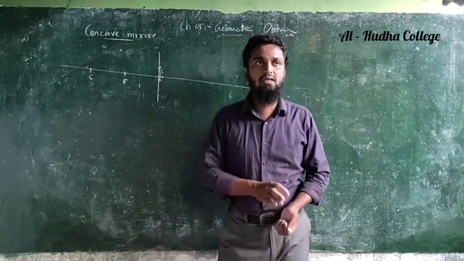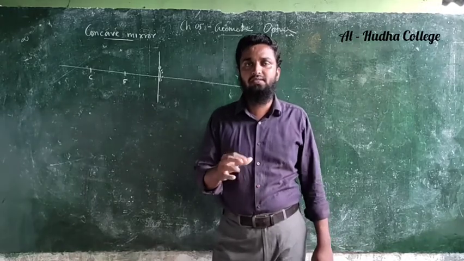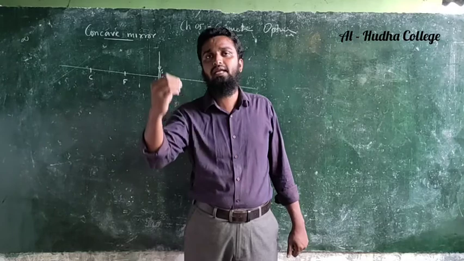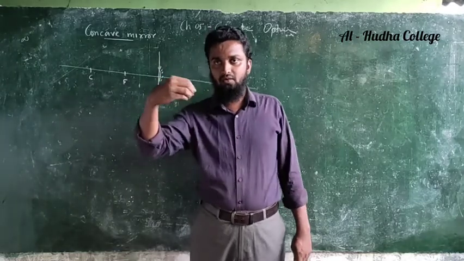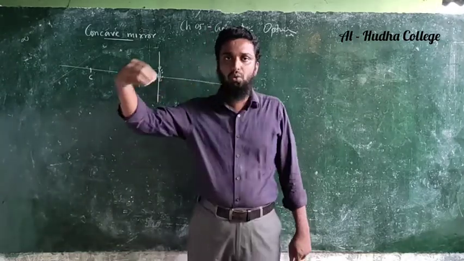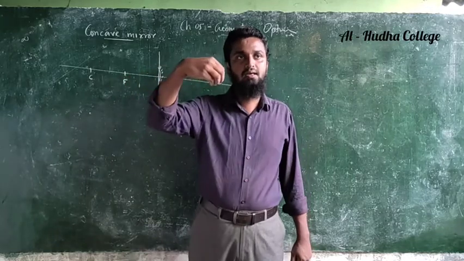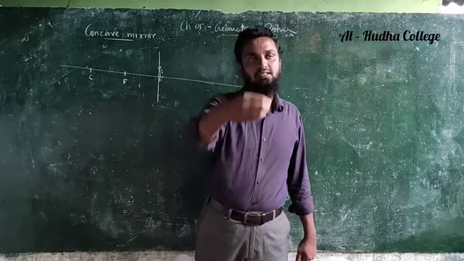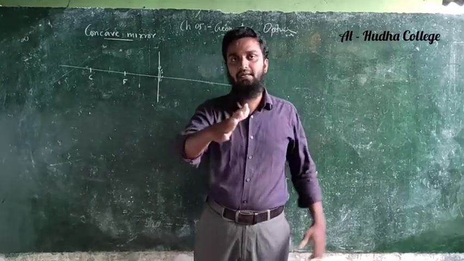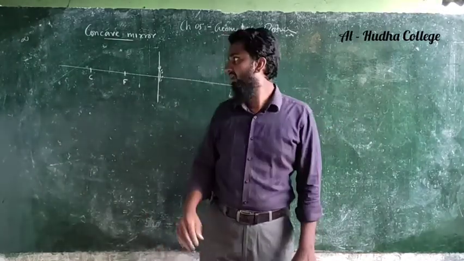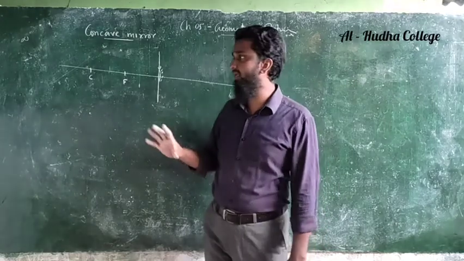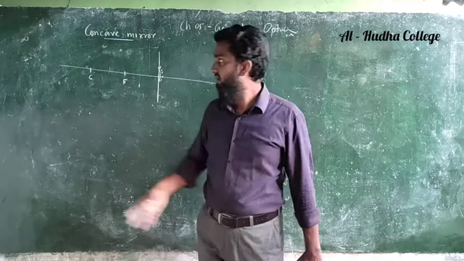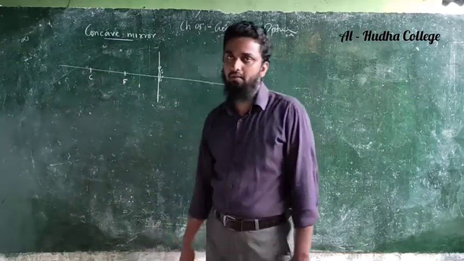Just look around you and think of an object which is 5 meters, 3 meters, 7 meters, 9 meters, 10 meters away. That object is going to be considered as an object at infinity.